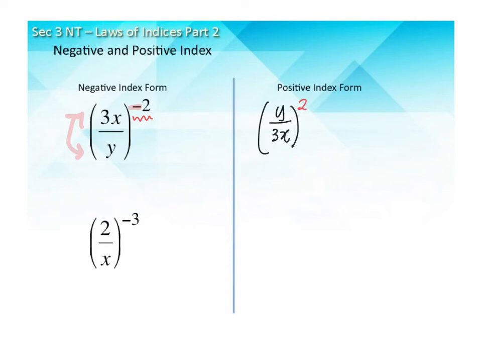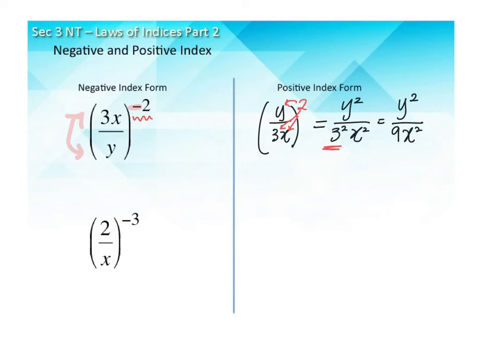Next, I'll need to apply this power to every term inside the bracket. So it will become y squared over 3 squared x squared, and I need to simplify the number 3 squared. 3 squared is actually 3 times 3, which is 9. So this will be y squared over 9x squared.